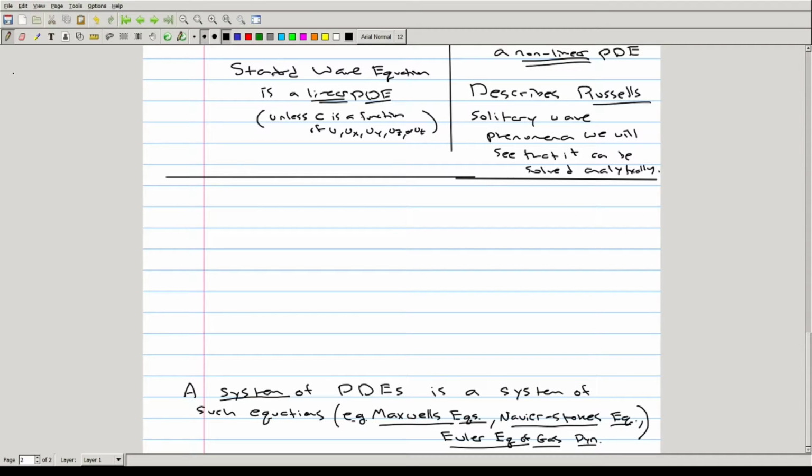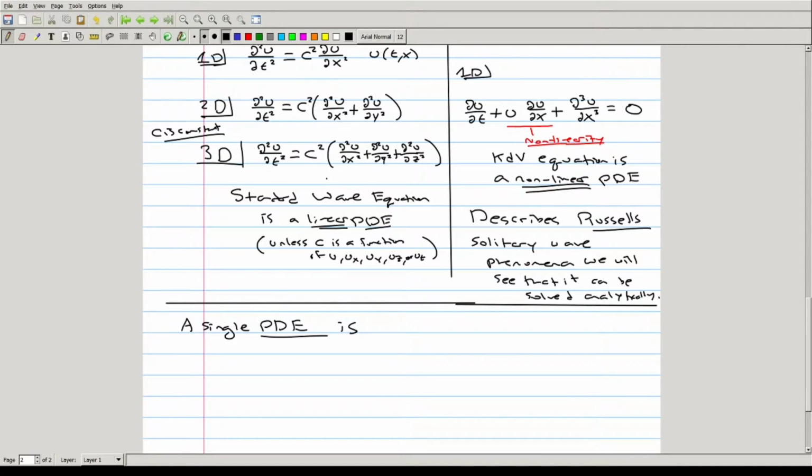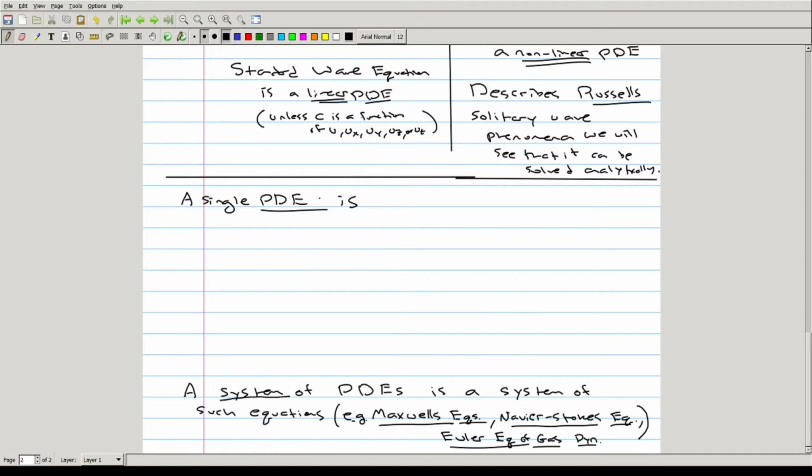But a single PDE of this form, and we can see this up here in these examples. Each one of these examples can be written as a function of the u and its derivatives, and possibly of all of the independent variables as well. So it's a multivariable function of these set equal to 0.